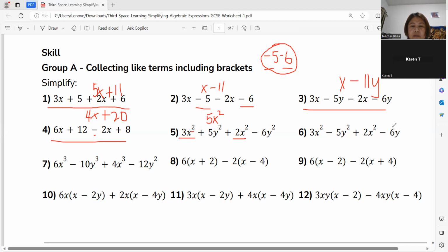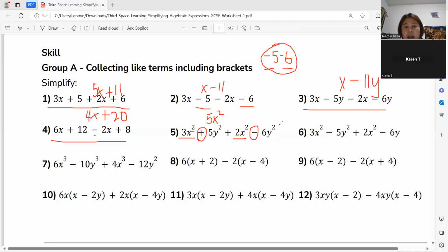Negative 11y? Are you sure? Be cautious, Yousif, when you collect like terms. Remember to look carefully at the signs of the terms.